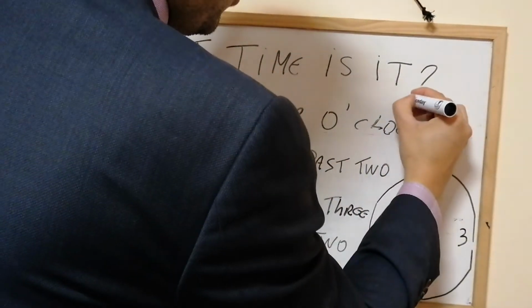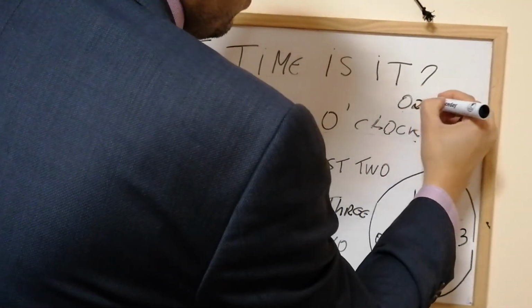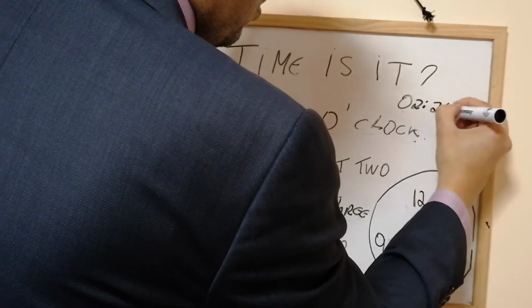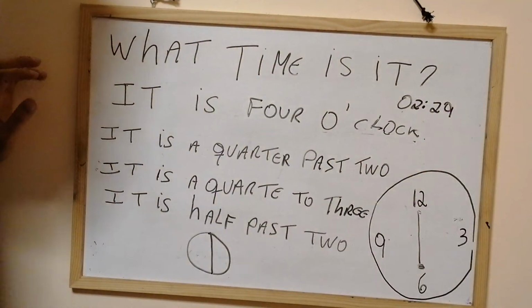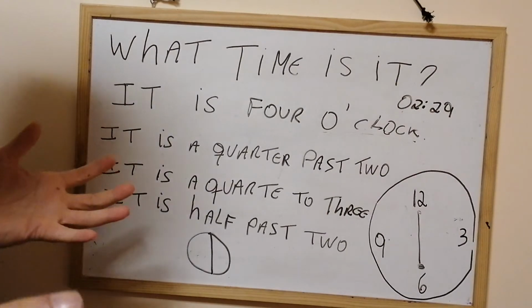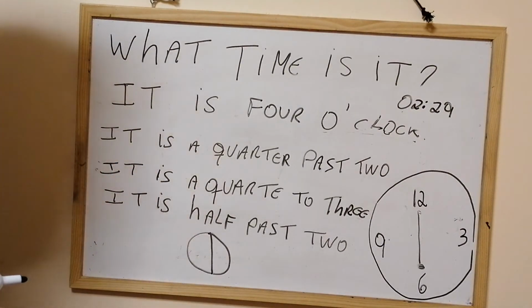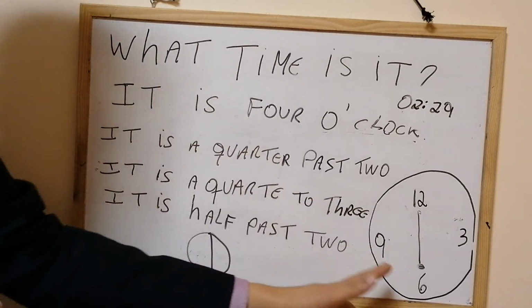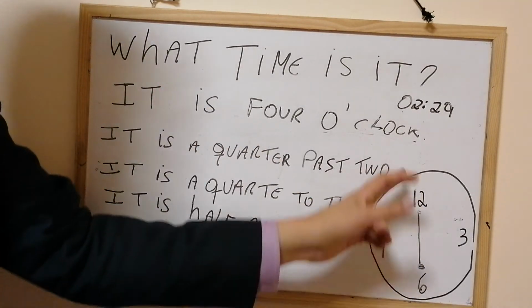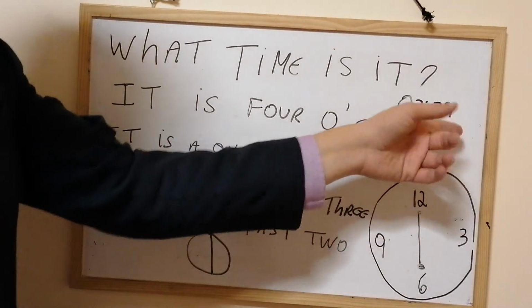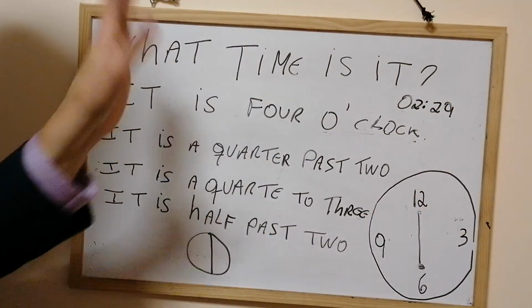If we have 2:29, so how do you say it? It's right to say it is 29 past 2, but we are nearly completing half of the hour. Just because of 1 minute, so you don't need to count it.